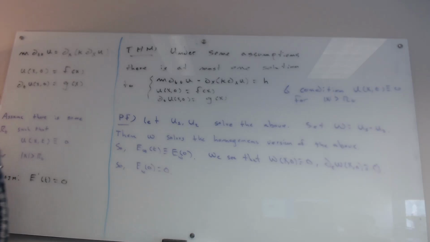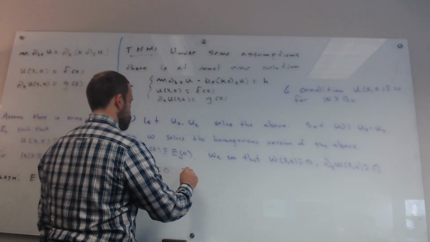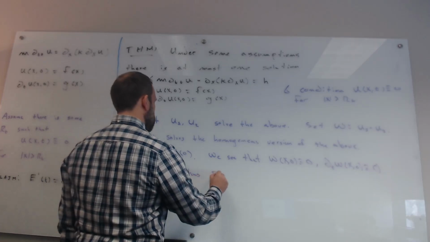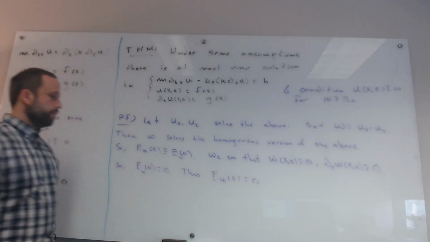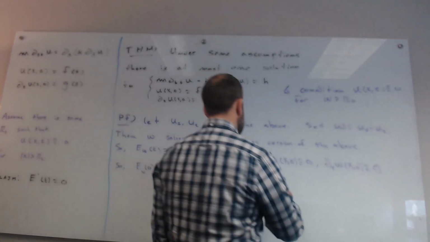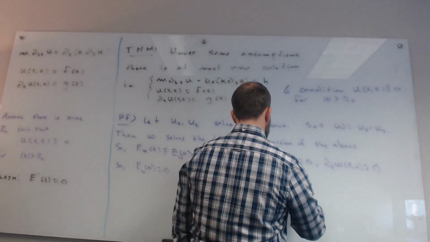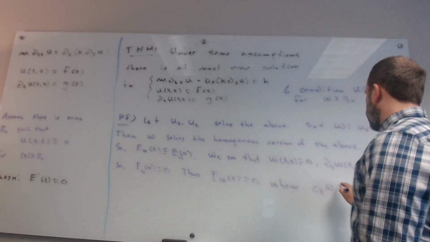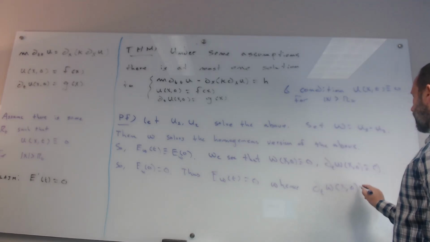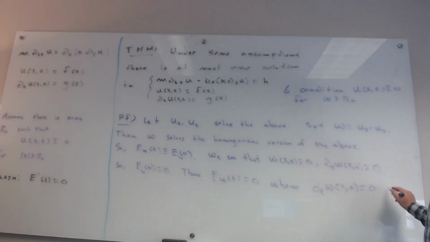Again, you're going to have to explain that. Thus, the energy at any time is equal to 0, which means the t derivative of w at any time is equal to 0, and this is for all x. Again, you're going to have to explain that.